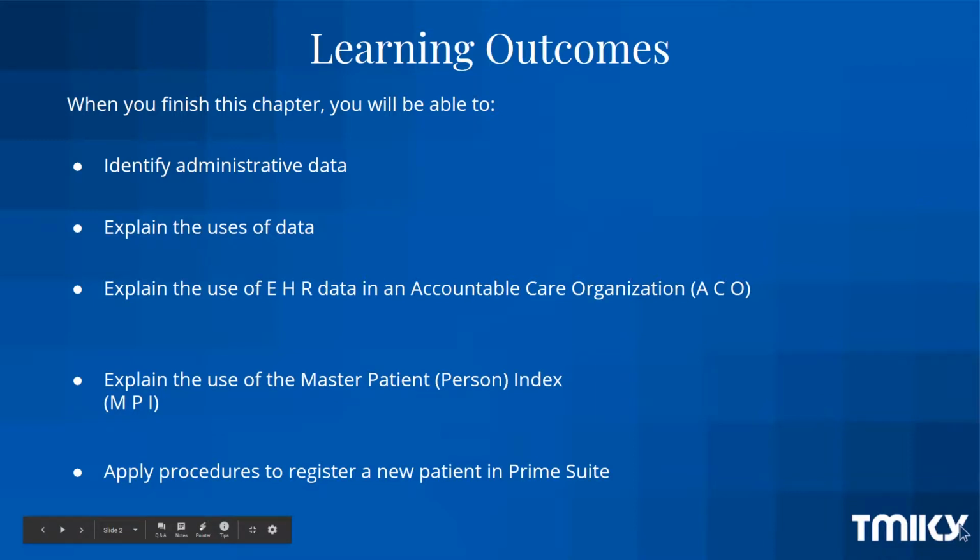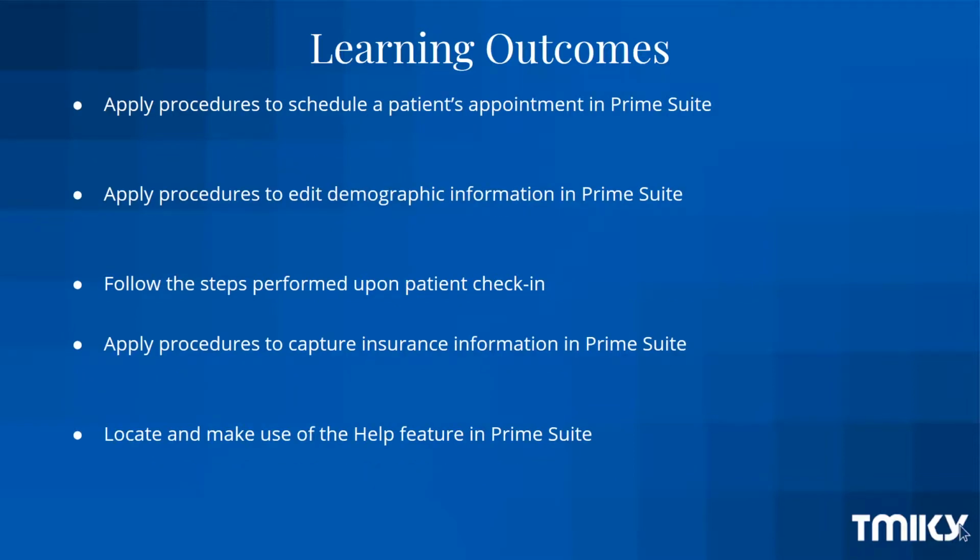When you finish this chapter, you will be able to identify administrative data, explain the uses of data, explain the use of EHR data in an accountable care organization, explain the use of the Master Patient or Person Index, apply procedures to register a new patient in Prime Suite, apply procedures to schedule a patient's appointment in Prime Suite, apply procedures to edit demographic information in Prime Suite, follow the steps performed upon patient check-in, apply procedures to capture insurance information in Prime Suite, and lastly, locate and make use of the help feature in Prime Suite.